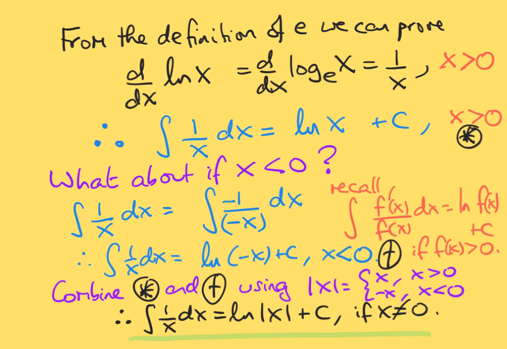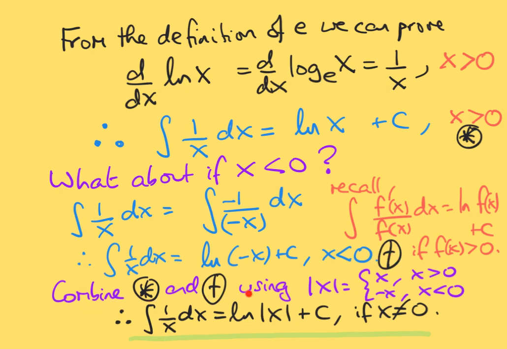So I can therefore use this result and say the integral of 1 over x with respect to x, if x is negative, is going to be the logarithm of this positive function minus x plus some integration constant. This is the case when x is negative, and I'm giving this equation a name. I'm calling it dagger.